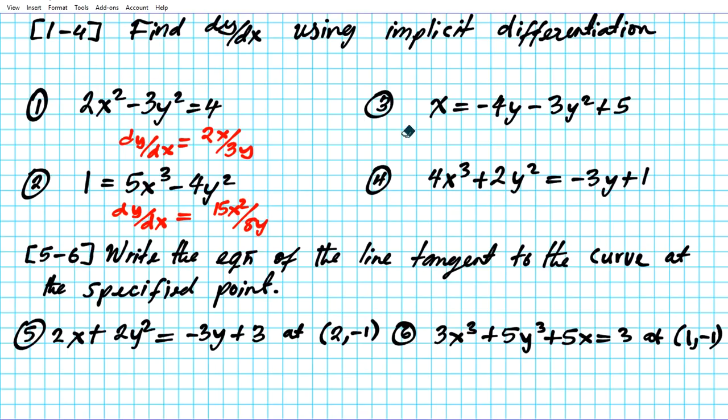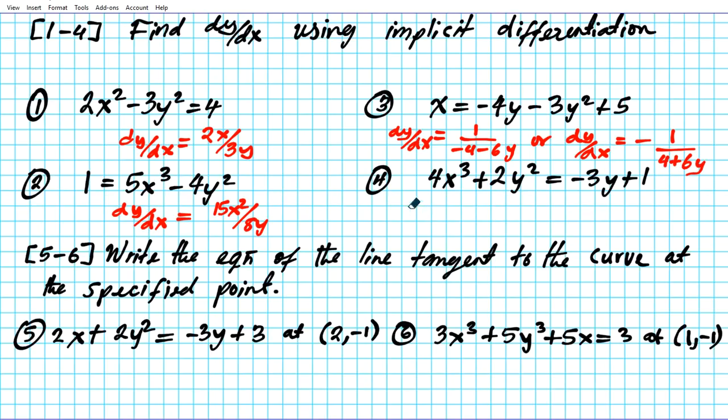Number 3, dy dx is equal to 1 over negative 4 minus 6y, or you can write it as dy dx equals negative 1 over 4 plus 6y, same thing.